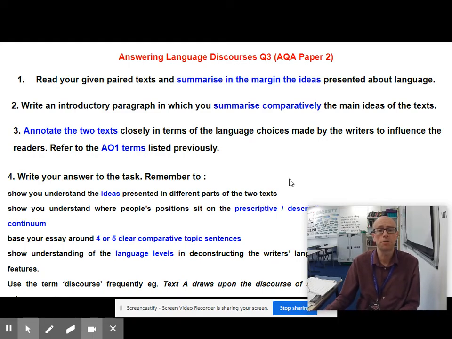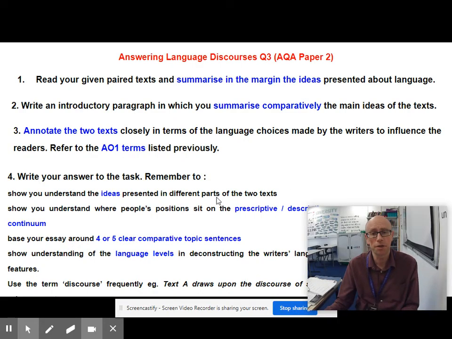So remember to show that you understand the ideas presented in different parts of the 2 texts. So it wouldn't be worth your while, for example, spending a whole paragraph where you just write about pronouns, where you didn't link the ideas on pronouns to the meat of the topic. Okay, so always link your linguistic points to the actual meanings that are going on.